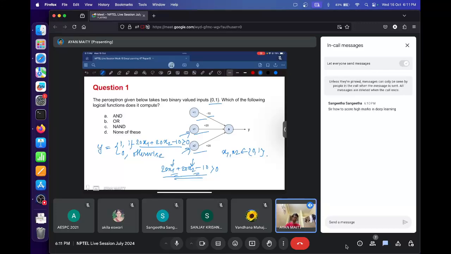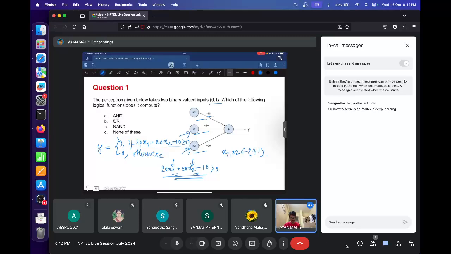So if any one of these two variables is 1, then this overall expression is greater than 0, and in that case the output would be 1. This is exactly the same as the OR gate, isn't it? In an OR gate, if at least one of the variables is 1 or true, then the output is true, and when both the variables are false or 0, the output is 0.